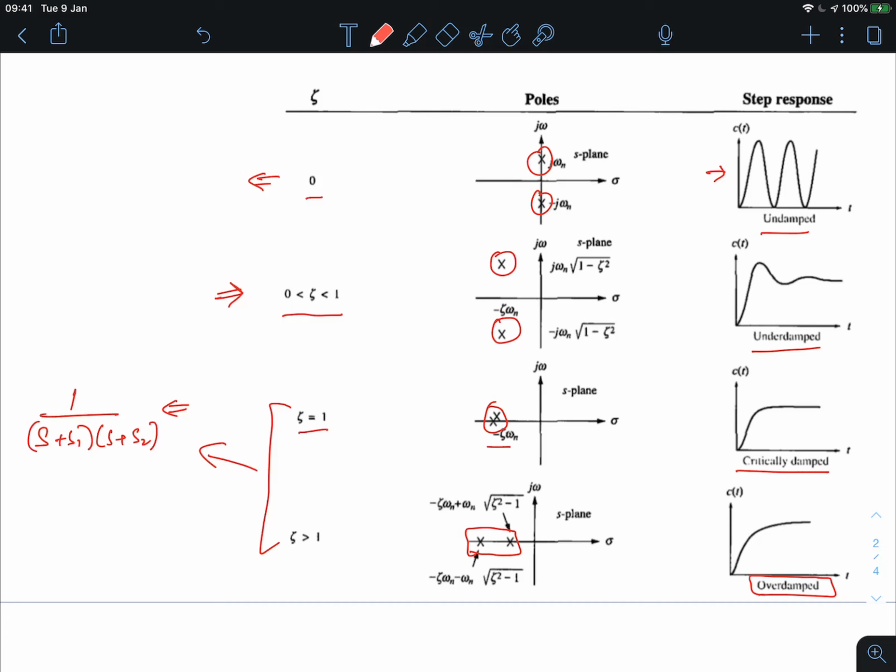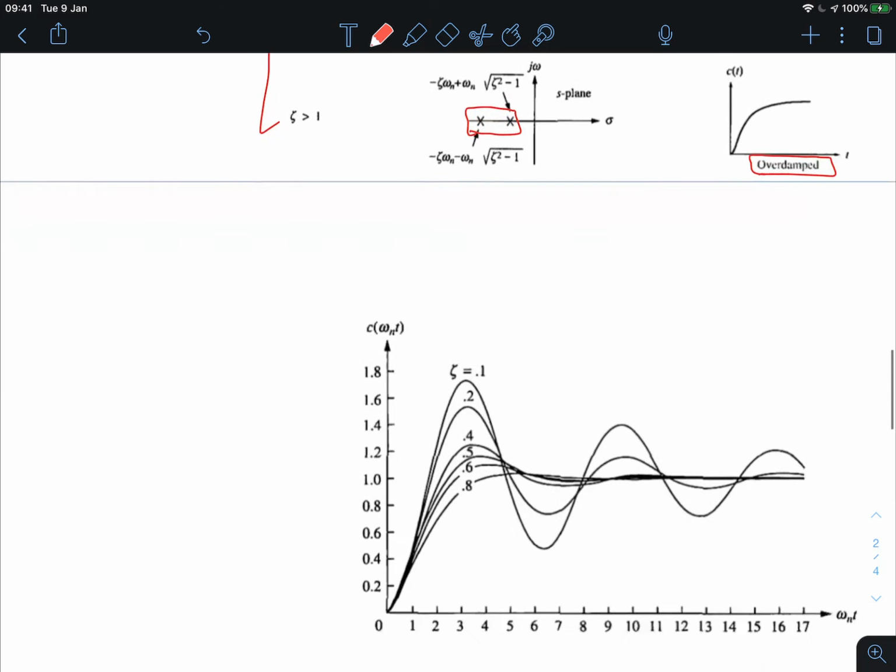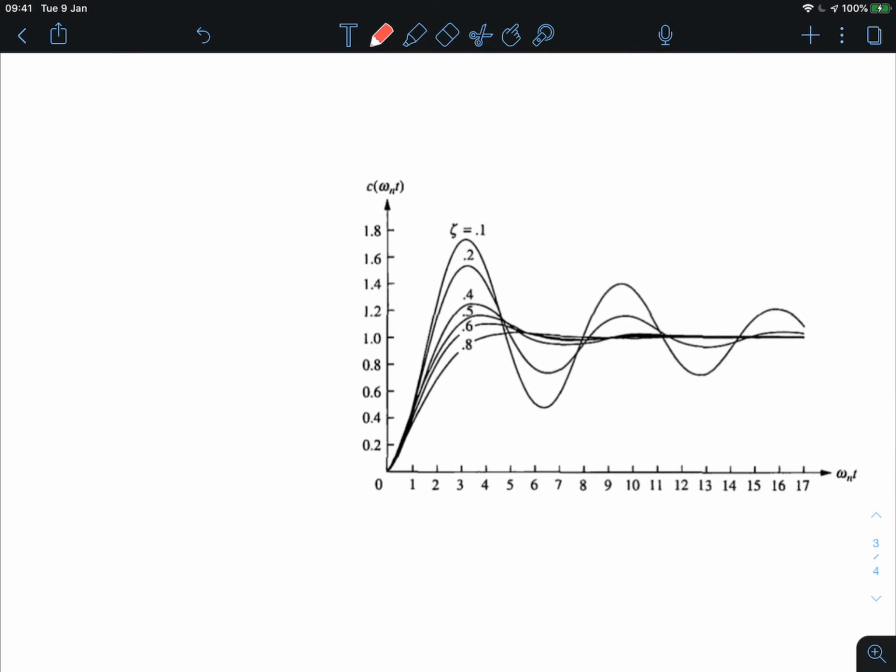Whatever analysis we carry out, we will do for the underdamped response, so that the other responses could fit in as well. So now we limit ourselves to studying the response analysis for xi lying between 0 and 1.